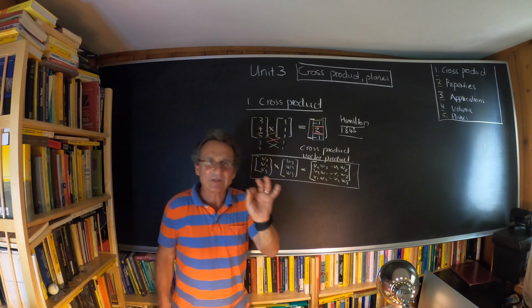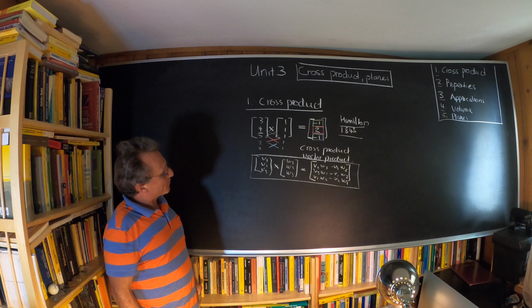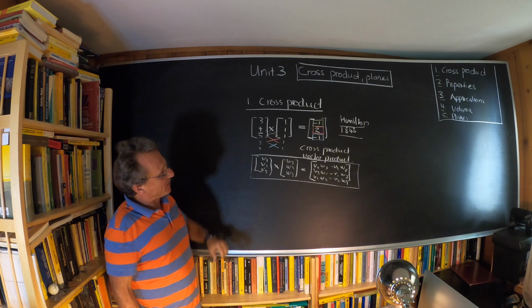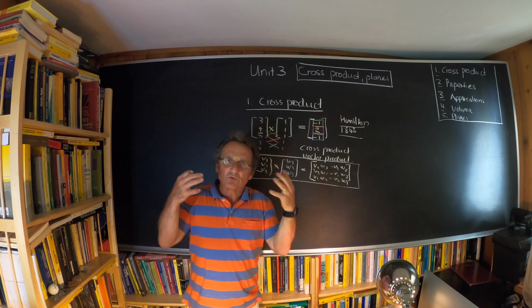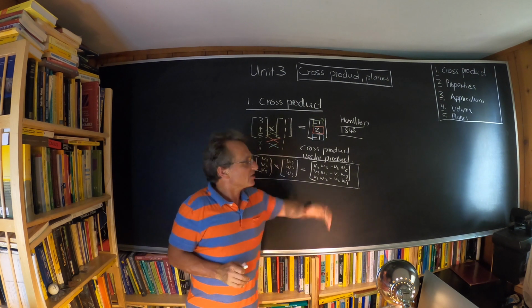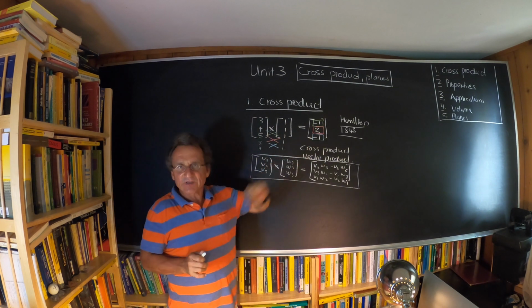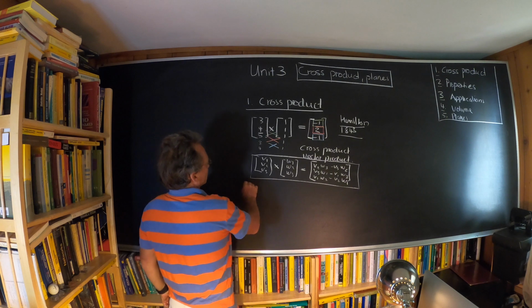I will tell more about Hamilton in the lecture. A very interesting personality. So that's the definition of the cross product, and you will compute this a lot during this course. So I'm not making any more examples, but I just start with properties here already.